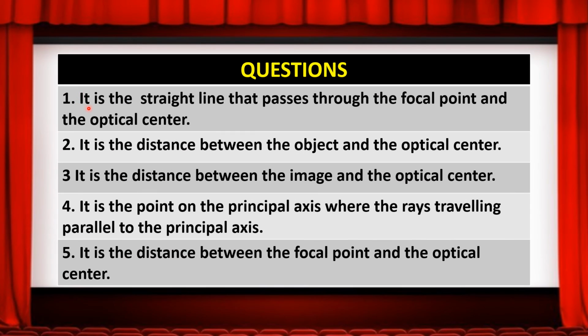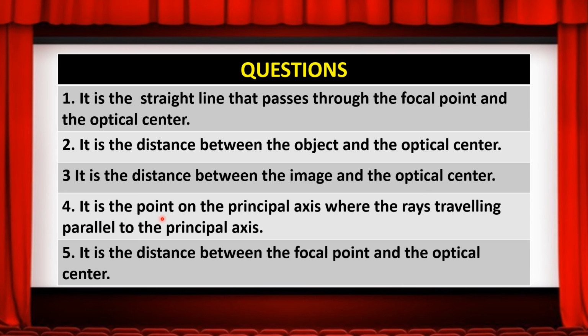Number 1. It is the straight line that passes through the focal point and the optical center. Number 2. It is the distance between the object and the optical center. Number 3. It is the distance between the image and the optical center. Number 4.